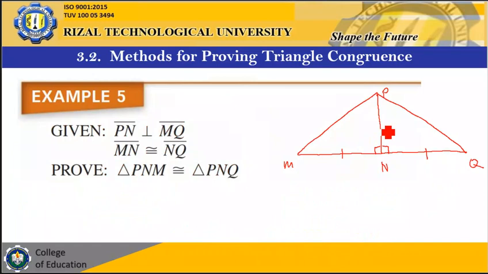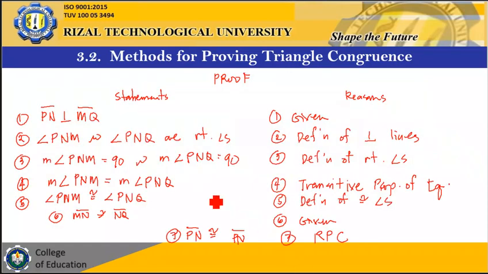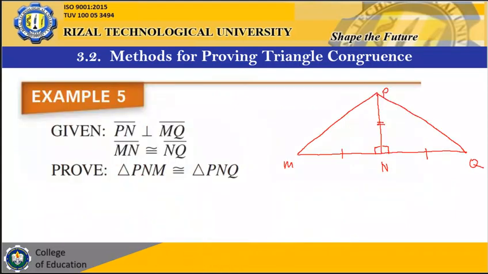So we are able to show that this is already congruent, and therefore since we have already a congruent angle, this one is a congruent side and another congruent side, and we know that angle PNM and angle PNQ are included.